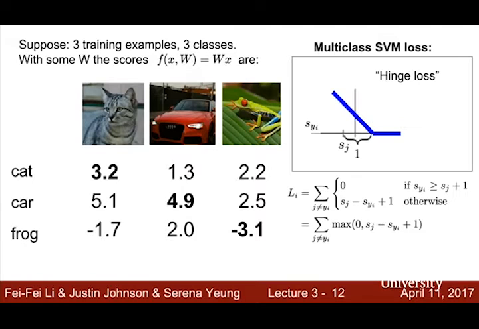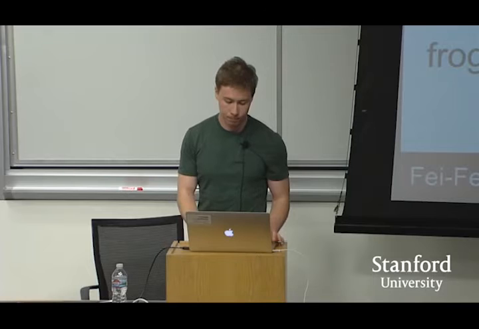This name comes from the shape of the graph when you plot it. Here, the x-axis corresponds to s_yi, the score of the true class for some training example, and the y-axis is the loss. You can see that as the score for the true category for this example increases, the loss will go down linearly until we get above this safety margin, after which the loss will be 0 because we've already correctly classified this example.